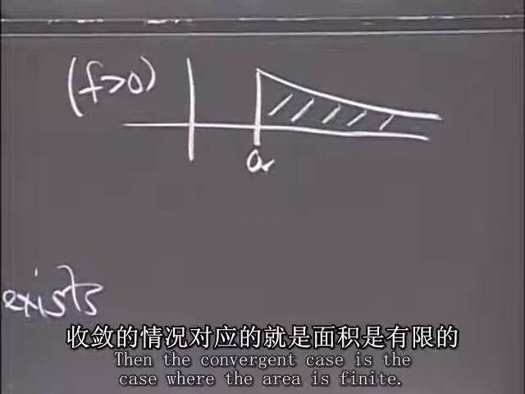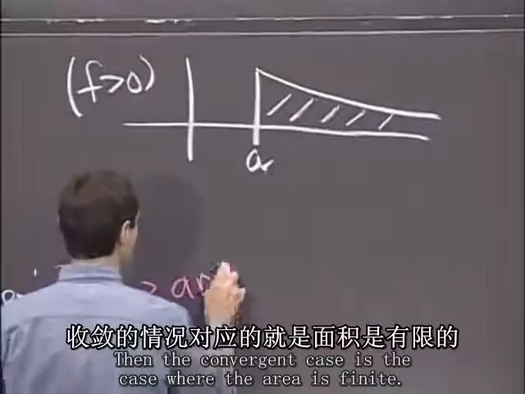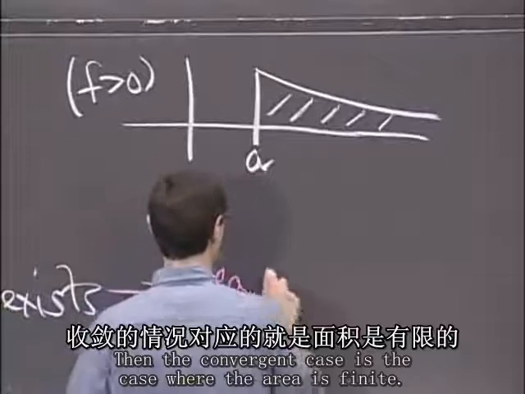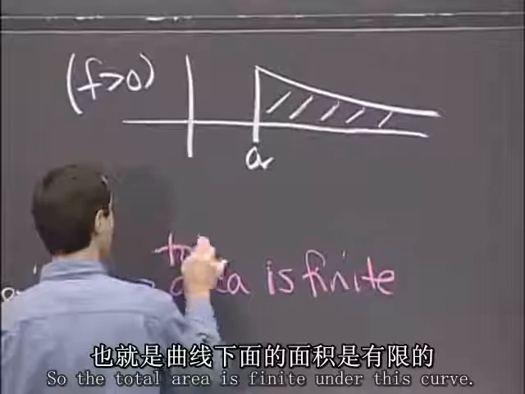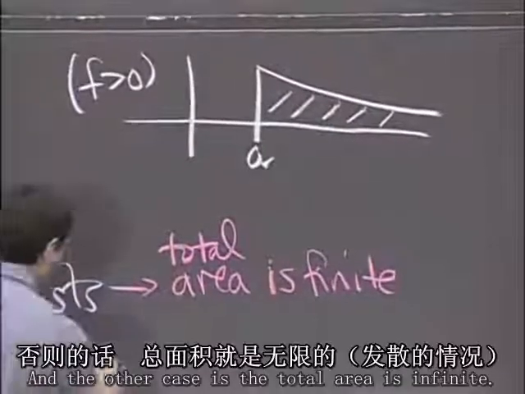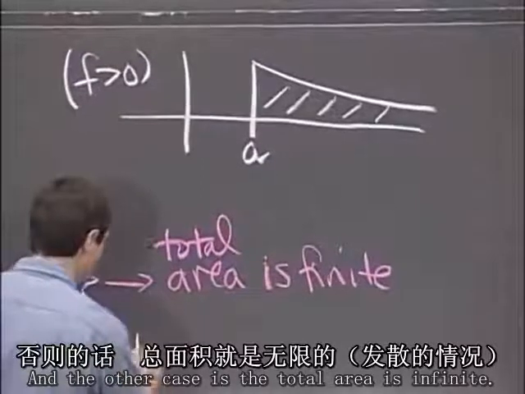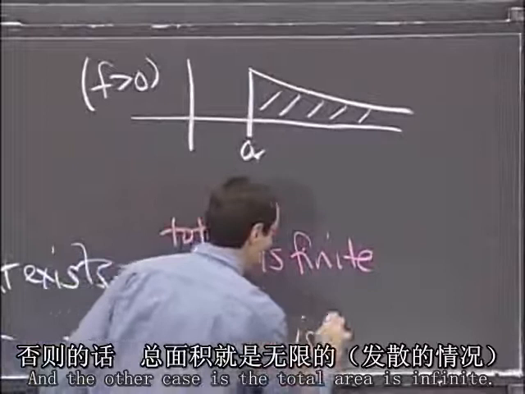Then the convergent case is the case where the area is finite, so the total area under this curve is finite. And the other case is the total area is infinite.